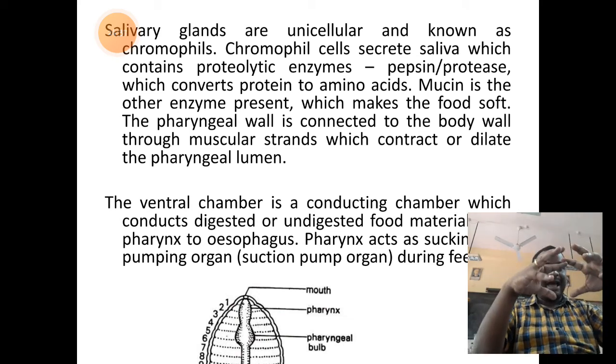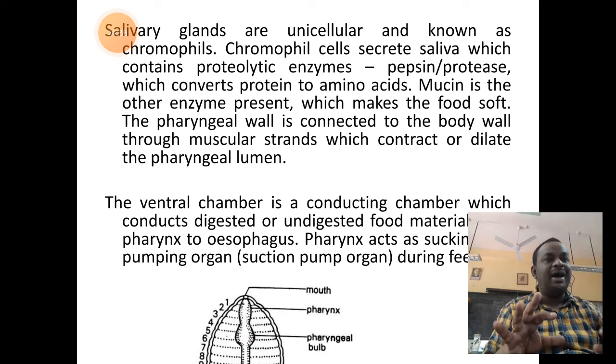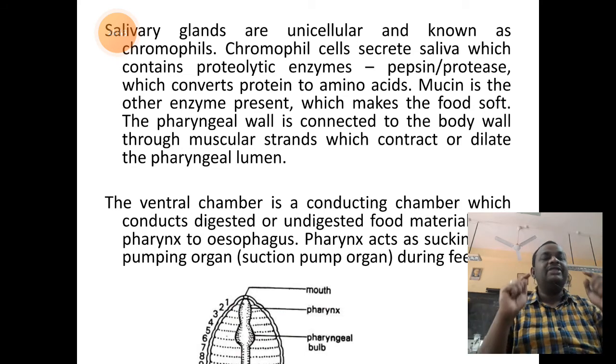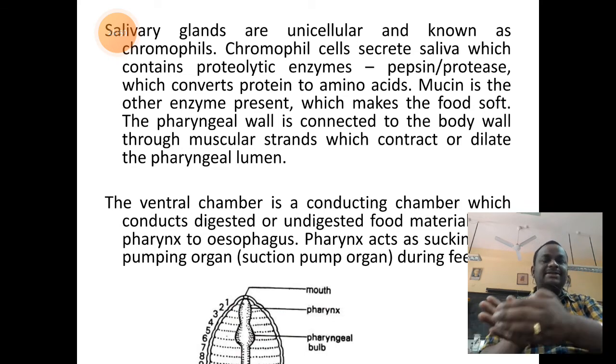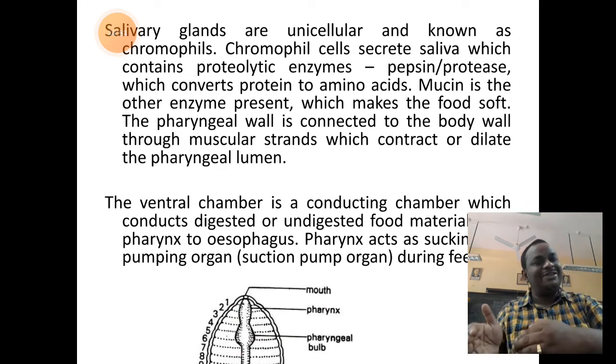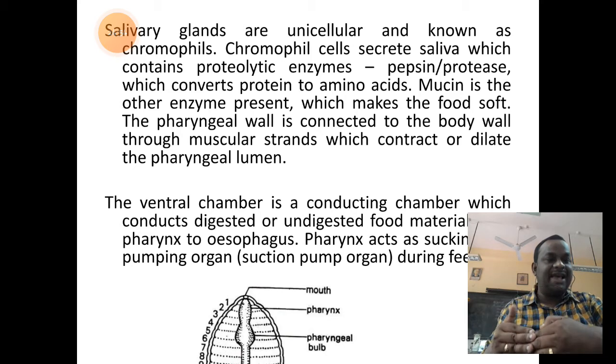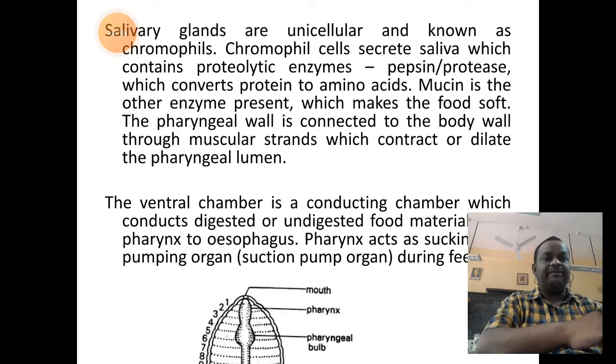These salivary glands are unicellular. These cells are also called chromophils. These cells secrete saliva. Chromophil cells are nothing but salivary gland cells, and they secrete saliva.